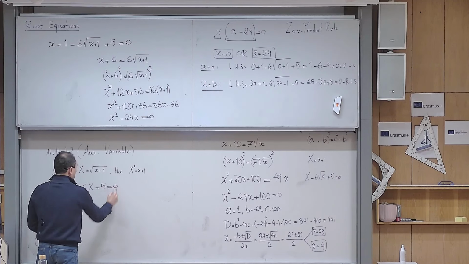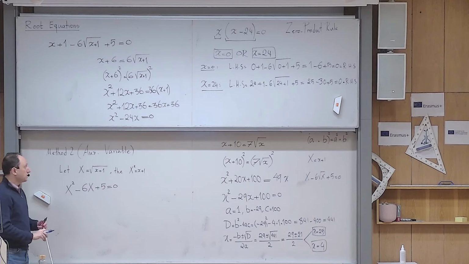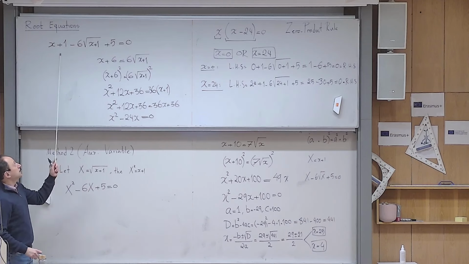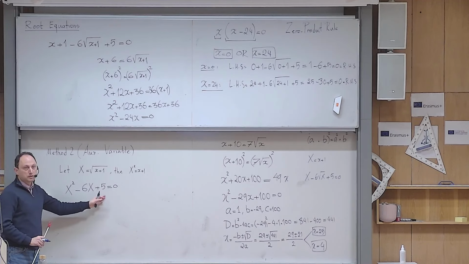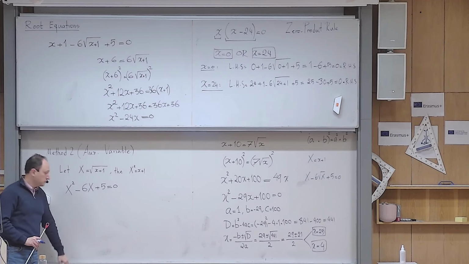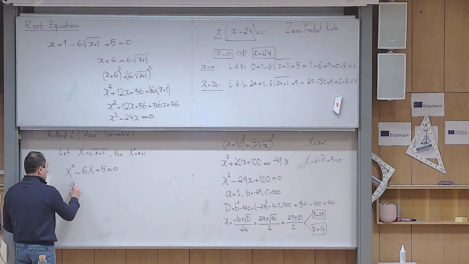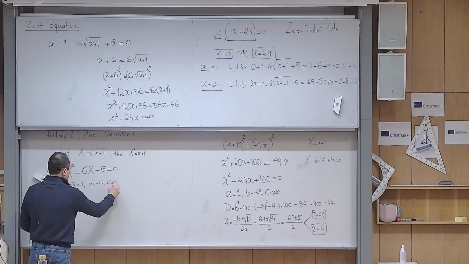and equals 0. So you see, it is more efficient to do it in that way, because by introducing an auxiliary variable, I change this a little subtle equation into a very simple quadratic equation. Either you use the ABC formula or the PQ formula. So let me use the ABC formula to solve it. So A is 1, B is minus 6, C is 5.